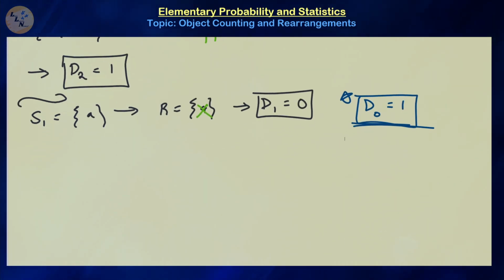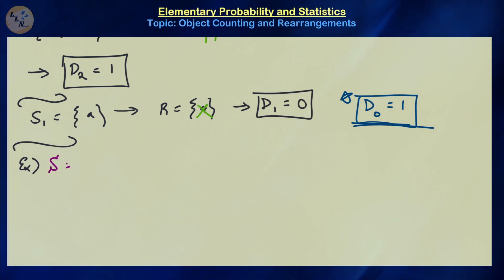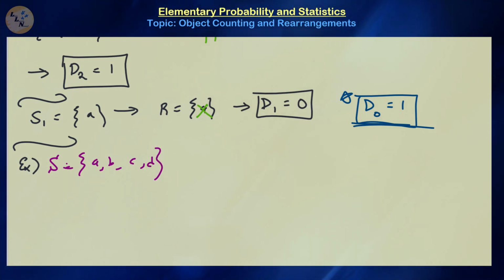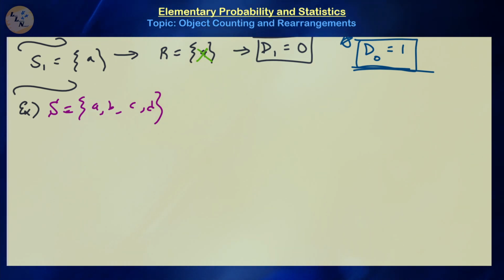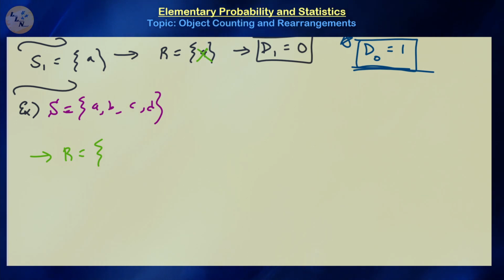So if that is the case, let's look at a larger set and see if we can figure out what all of the derangements are equal to. So let's consider the set S to be equal to A, B, C, and D, and let's assume that that is its original position. Let's assume that this is going to be the set of all derangements.